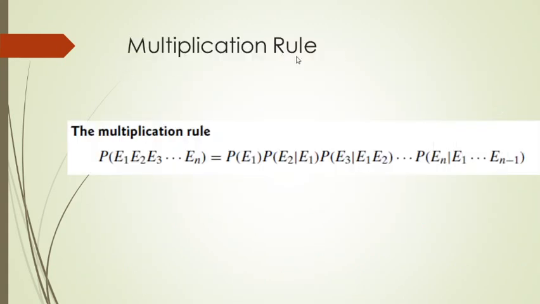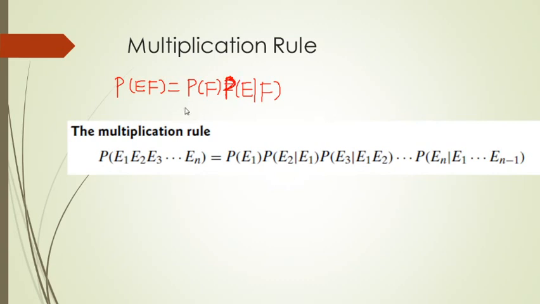Now, the multiplication rule can be extended to n events, okay? We already have two events: the intersection of two events will be the probability of F times the conditional probability of E given that F occurs.